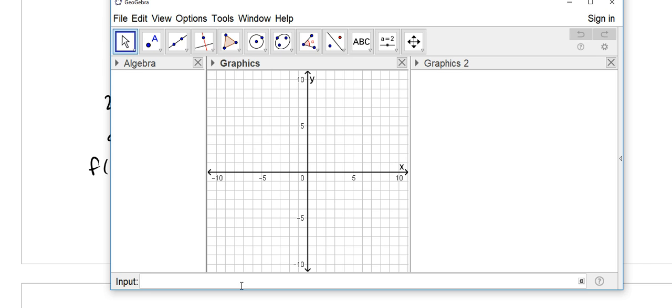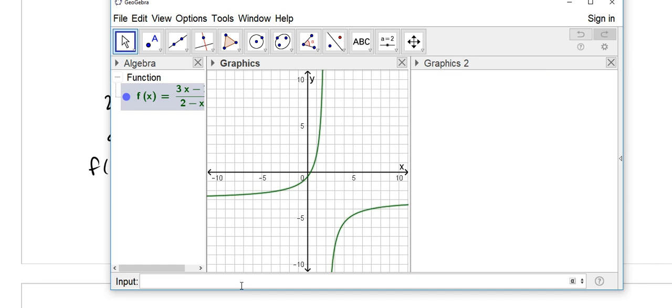Let's see. 3x minus 1 over 2 minus x. There's that function. We've seen lots of these. It's a rational function. For any slope of the tangent, we'll have 2 points, won't we?